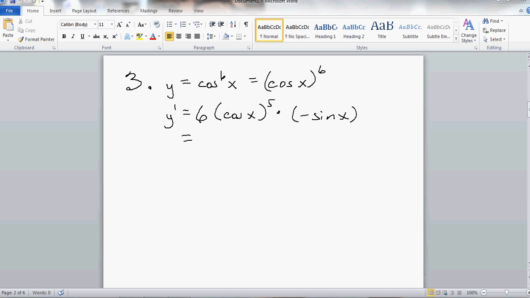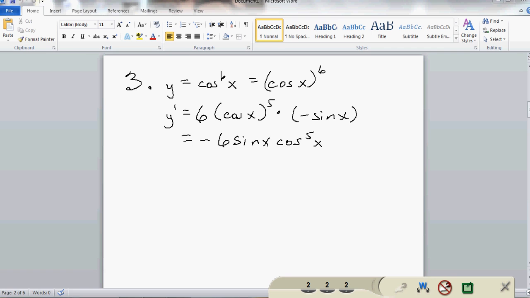And so what we get as a final answer is negative 6 sine of x cosine to the 5th of x. Negative 6 sine x cosine to the 5th x. That's the user-friendly form, but a more acceptable form is to put the 5 right there. So that's the answer to number 3.